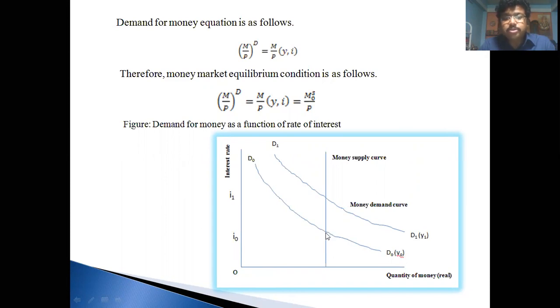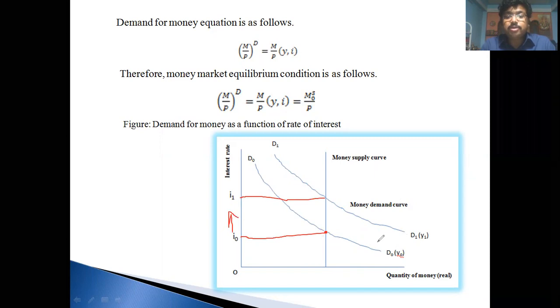Suppose this is the point I am marking. This point we get at Y0 income, and this is the I0 interest rate. And if income increases to Y1, this is the I1. So if there is an increase in real income, the interest rate will increase.